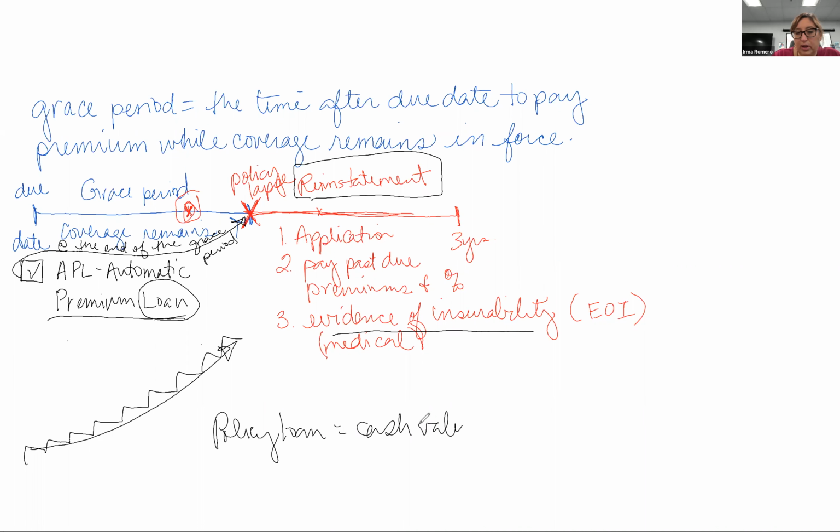When you're borrowing money, there is an interest rate, and it's a very low interest rate in your whole life policy. The policy loan provision not only outlines what the loan rate is going to be, but also what happens if the loan remains unpaid.